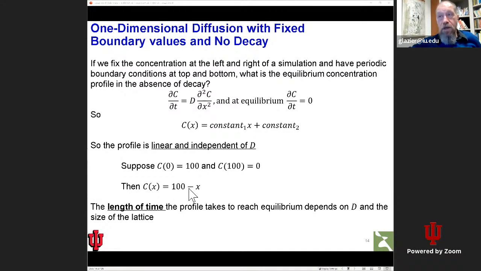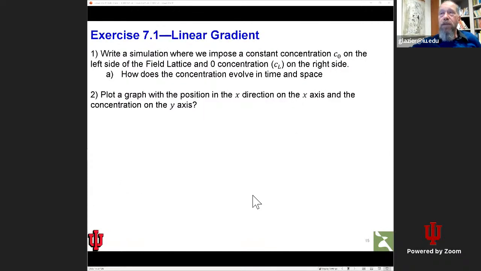If x is 0, it's 100. If x is 100, it's 0. Now, the length of time our chemical takes to diffuse is going to depend on the diffusion constant, but the equilibrium is independent. And we'll come back to that length of time question in a minute. Does that make sense?